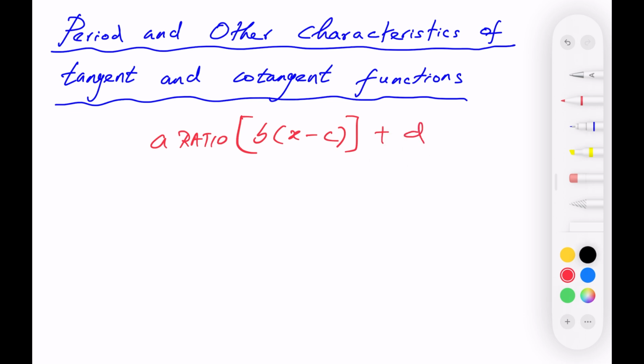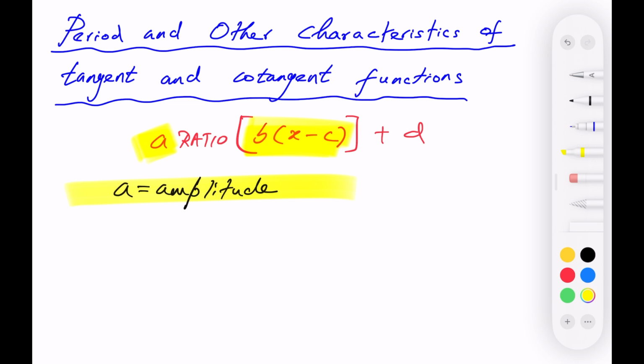Now we will define these terms one more time real quick. A is the amplitude. However, the amplitude doesn't make much sense when it comes to tangent or cotangent functions. Therefore, many people usually do not define an amplitude for them. The only importance of A is when the angle is equal to 45 degrees, because we know that tangent 45 degrees is equal to 1. Also, cotangent 45 degrees is equal to 1.